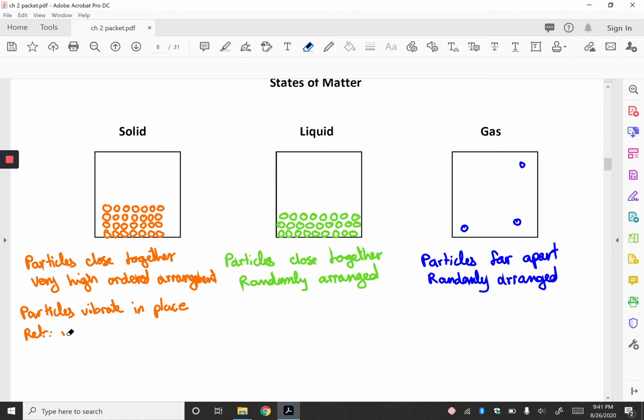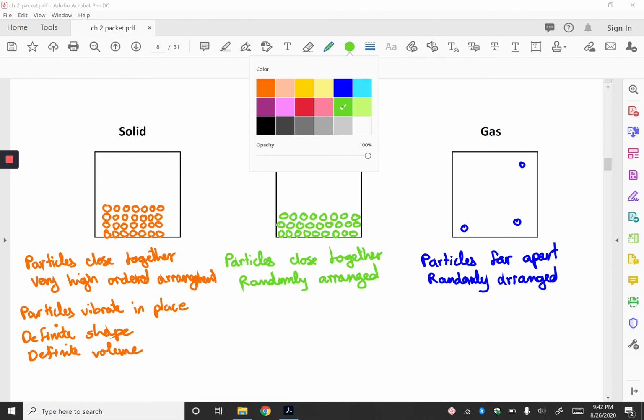I'm going to say have definite shape. Definite shape. Also, because they're so close to each other, already condensed, they have a definite volume.